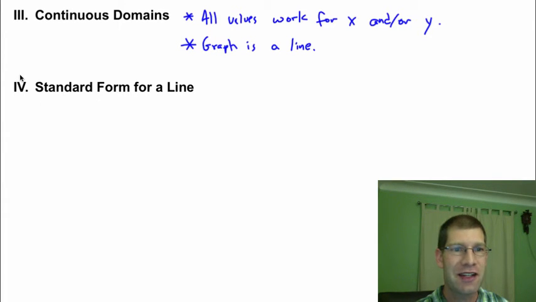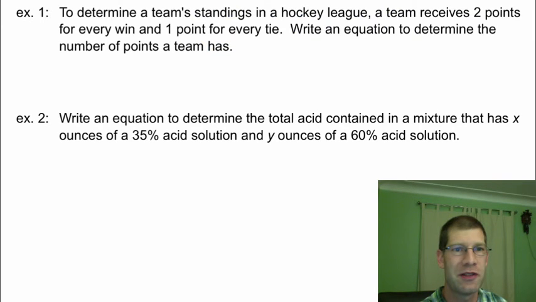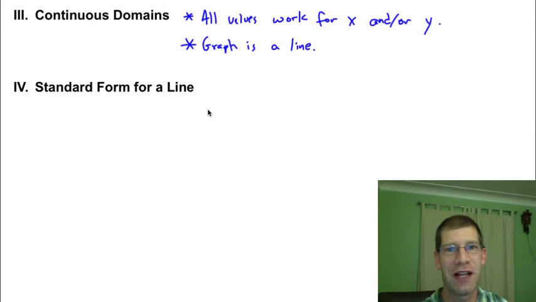The very last thing is actually jumping into kind of the next chapter a little bit, or next section. The next section talks about standard form for a line. And I just want to hit it briefly here because we have some of this in the notes. Let me jump and see what I have. So standard form for a line. Standard form looks like this.